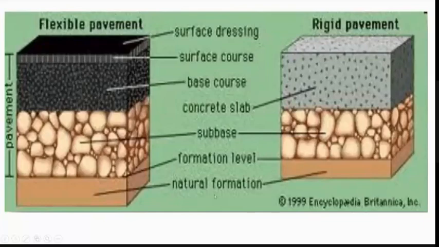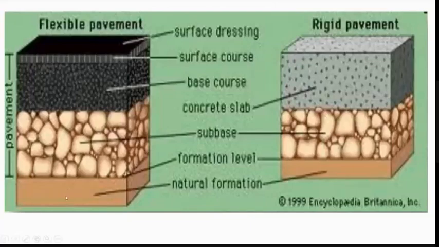It is from the subgrade soil, the natural soil, till the wearing surface. In the case of rigid pavement, that is the concrete top layer, the rough surfacing which they make, till that point it is a pavement. All layers together we call a pavement structure.